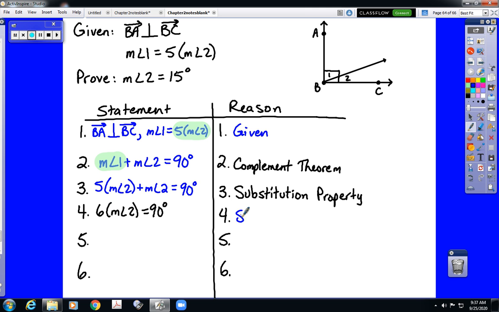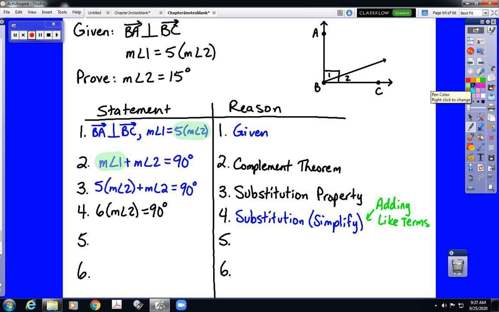So step 4 is a substitution simplify step because we are adding like terms. Anytime that we add like terms, that is a simplification step, so we use substitution simplify to do that.